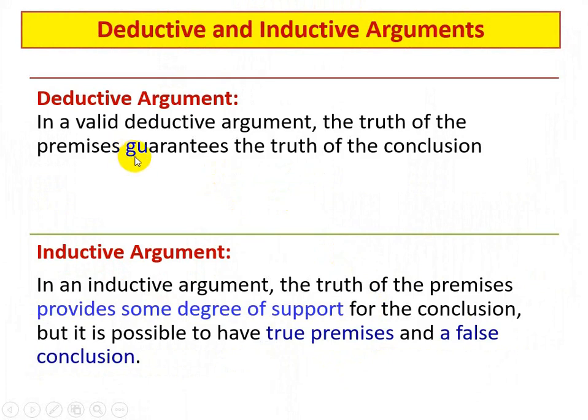In a valid deductive argument, the truth of the premises guarantees the truth of the conclusion. And this is the validity of the deductive argument as stated before.